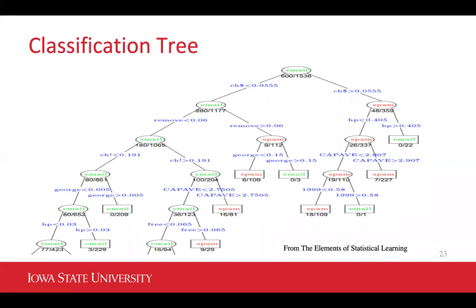For example, this is an example of whether an email is spam or not. We can first separate by this variable, smaller or larger than 0.0555, and then by some other variables, and then we can identify each of the subleaves as whether it's a normal email or a spam. So this is the idea of a tree.